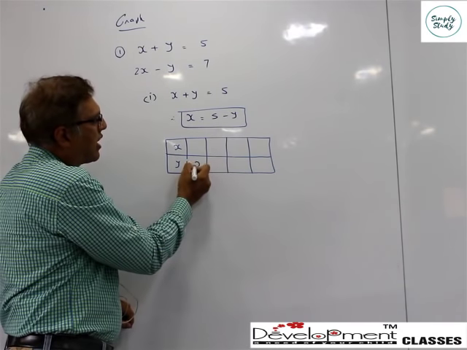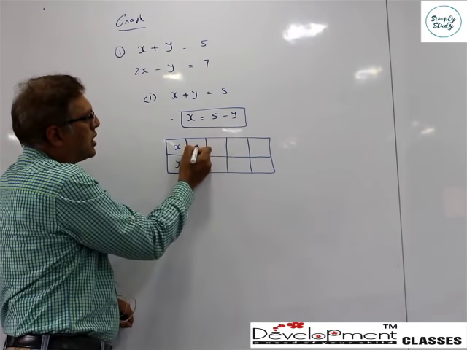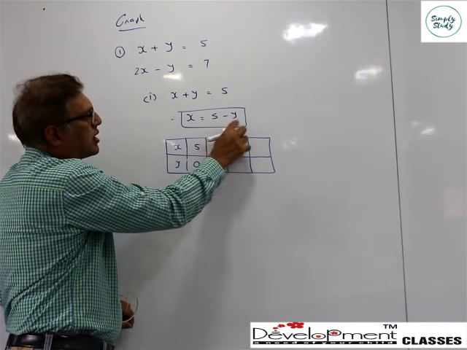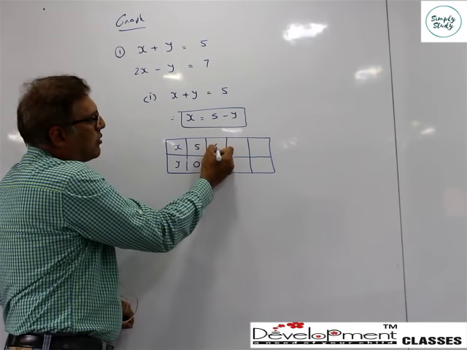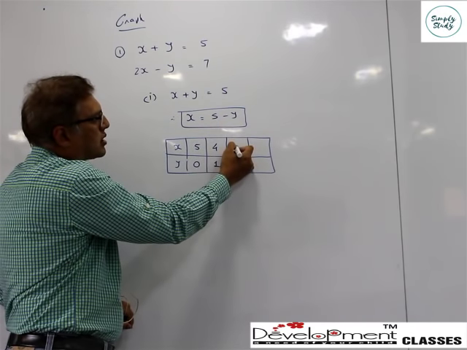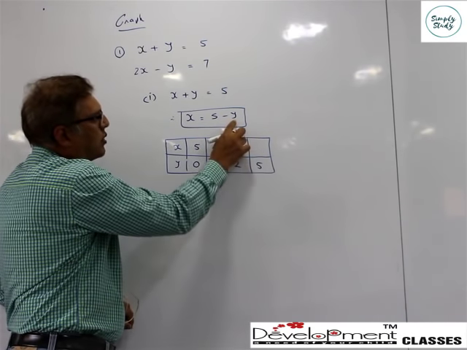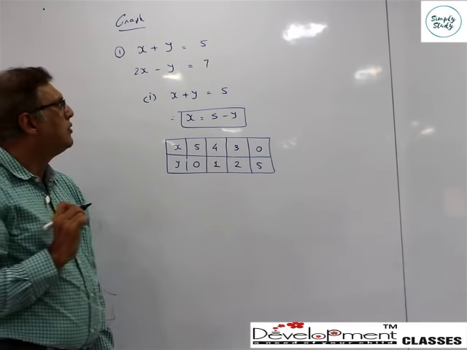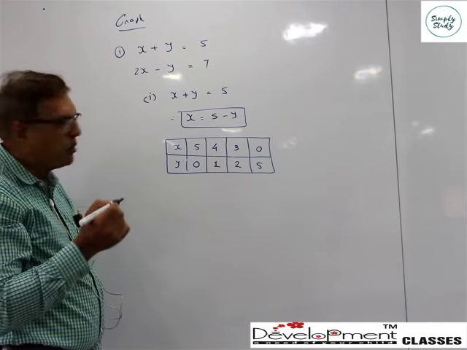Let us say if y is 0, then 5 minus 0 becomes 5. If I take y is equal to 1, 5 minus y will become 4. If I take 2, then 5 minus 2 is 3. And if I take 5, then 5 minus 5 becomes 0. So this is the table for x plus y is equal to 5.